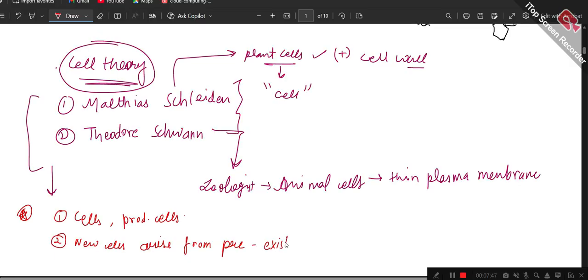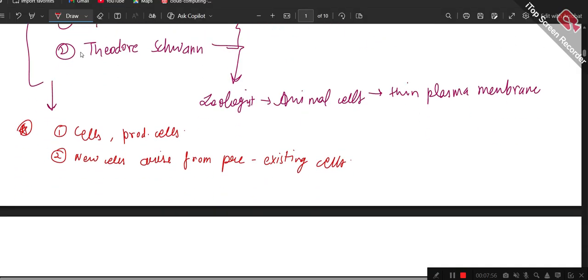So new cells arise from the pre-existing cells. This was the second point. And the third point was that all the activities of an organism are the outcome of the sum total of activities and interactions of the cells.